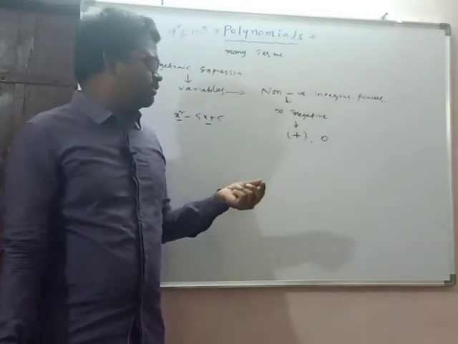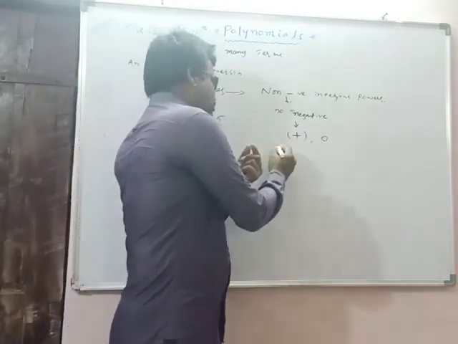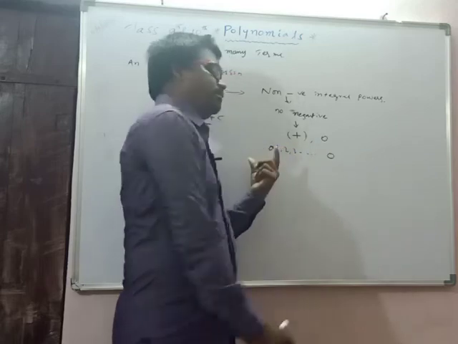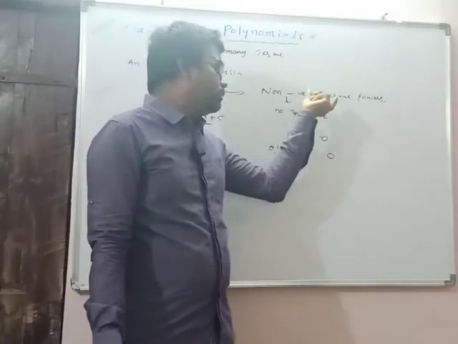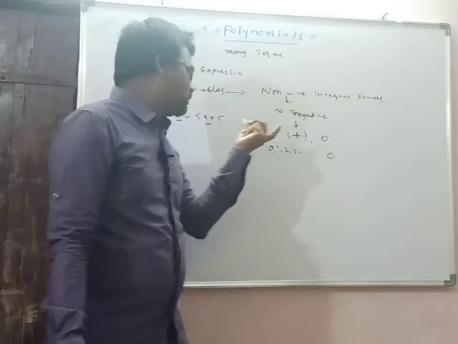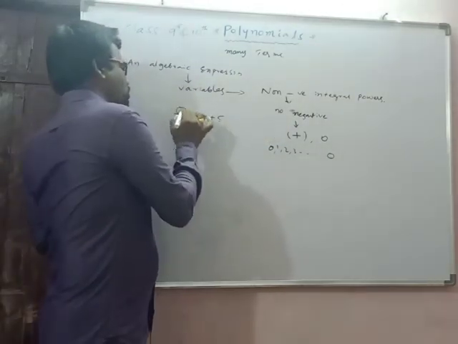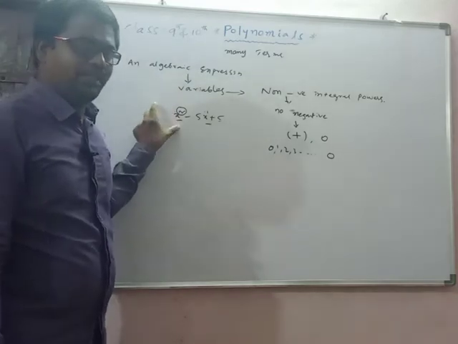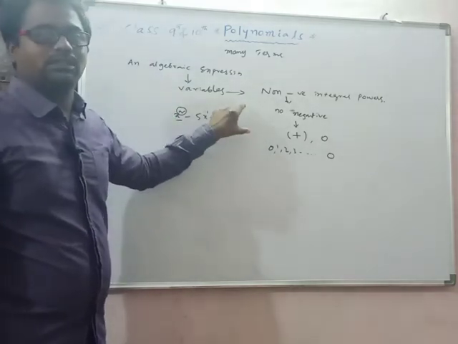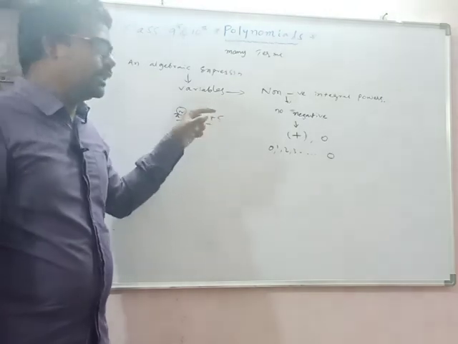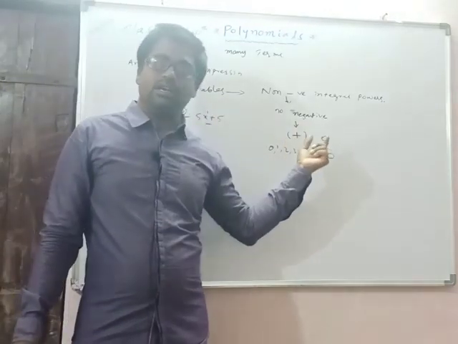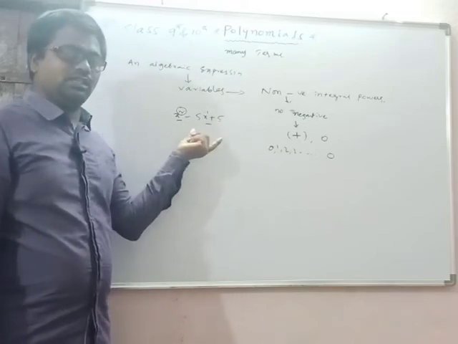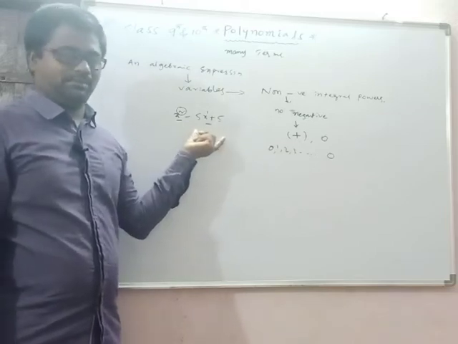So positive numbers 1, 2, 3 and so on, and 0, means whole numbers. In x square the power is 2, in x the power is 1. So the powers should be whole numbers. Then it will be a polynomial, otherwise it will not be a polynomial. So in this example it is a polynomial.